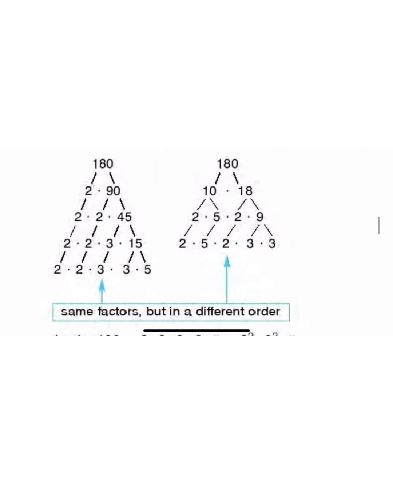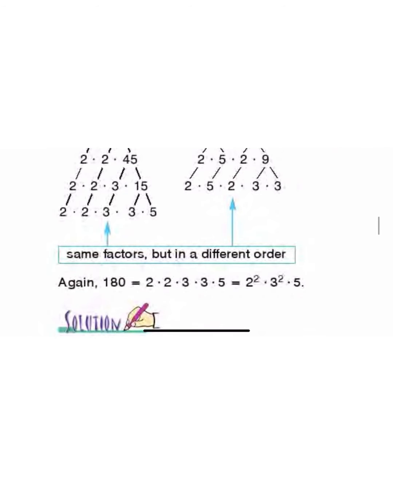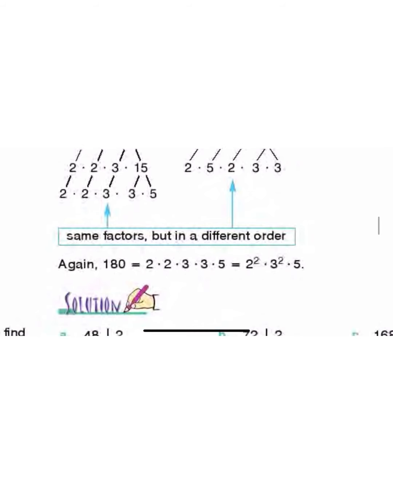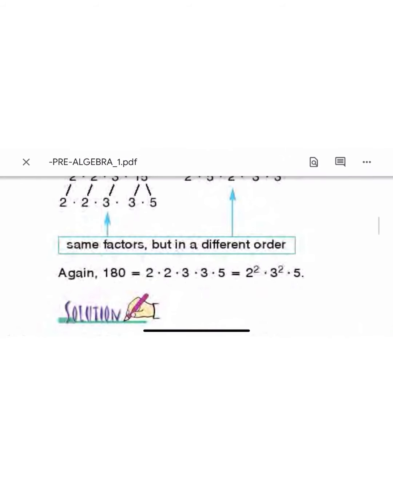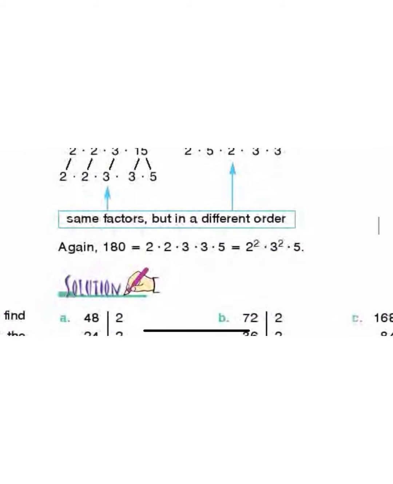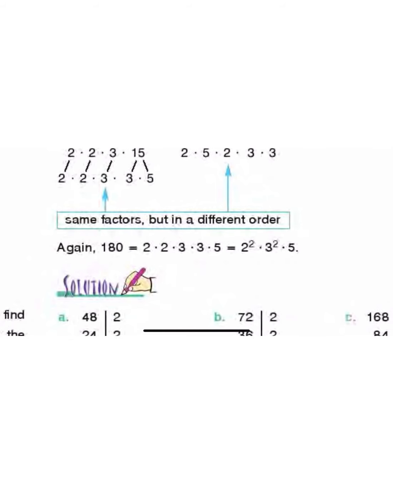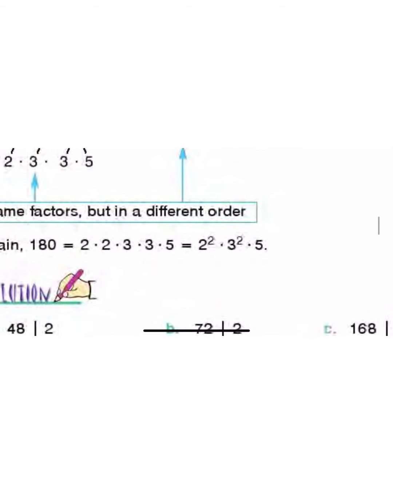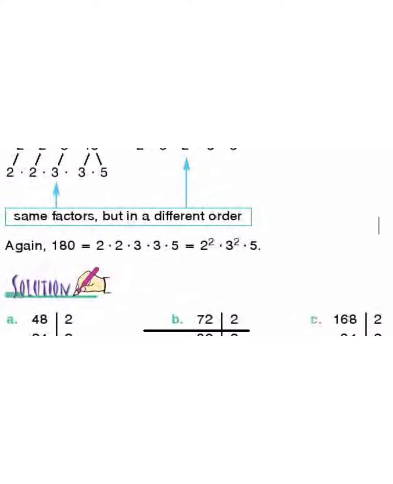So the result is the same factors but in a different order. Again, 180 equals 2 times 2 times 3 times 3 times 5, so it equals 2 squared multiplied by 3 squared times 5.